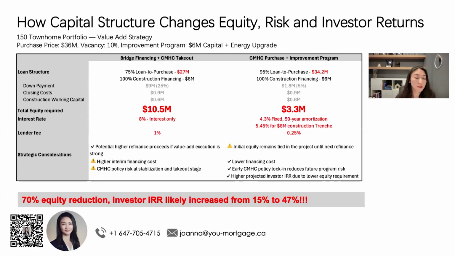And more importantly, for this one, we submitted just before July 2024, before the policy change. So we are able to lock the policy when we make the application. Otherwise, if you are doing bridge, then in the next year when you are ready for refinance, you can only get 50 points, so your amortization would be lower, like 40 years.